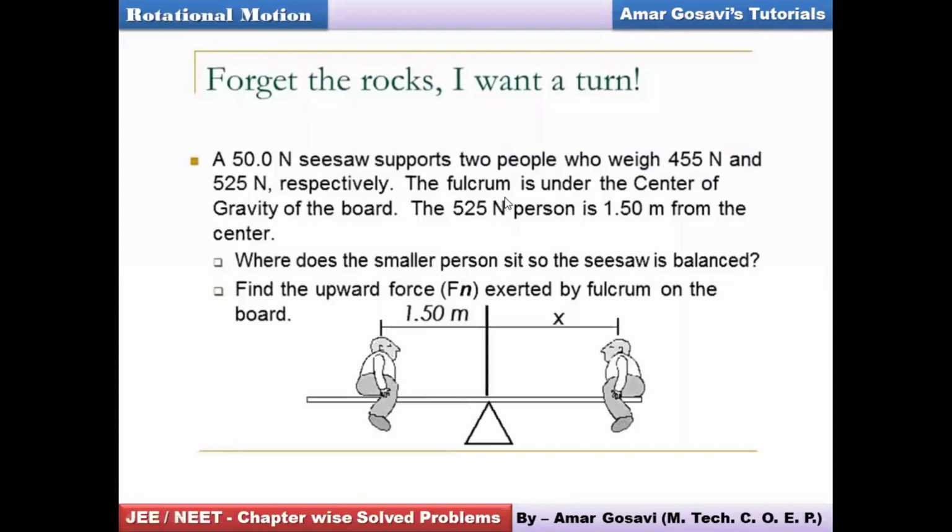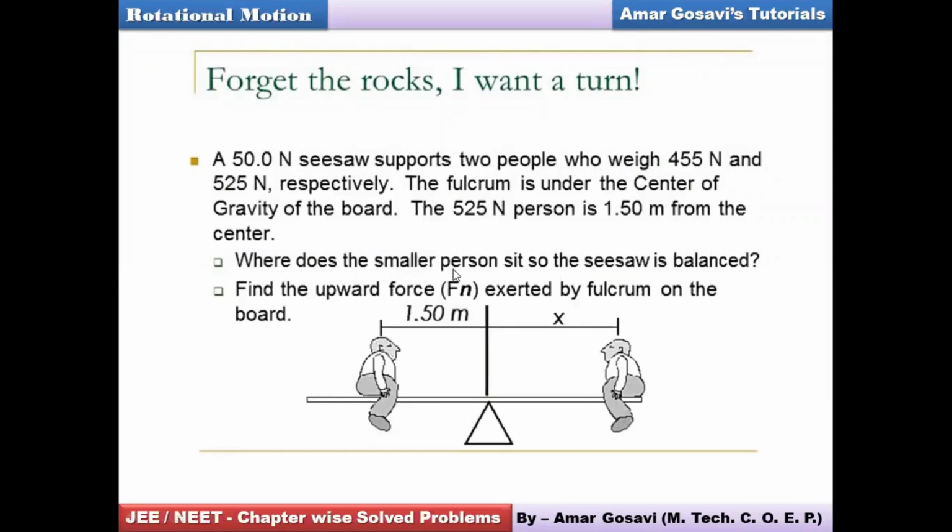You can see there is a fulcrum under the center of gravity of the board. The 525 Newton person is 1.5 meter away from the center where the fulcrum is located. Now here are two questions on equilibrium.